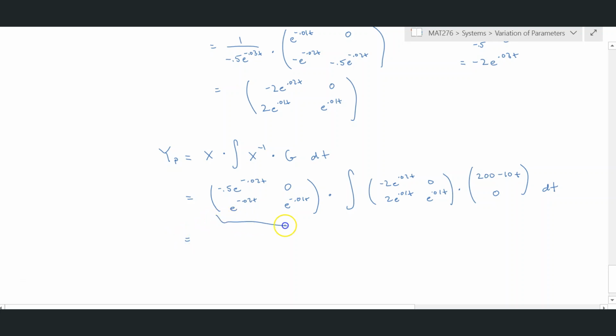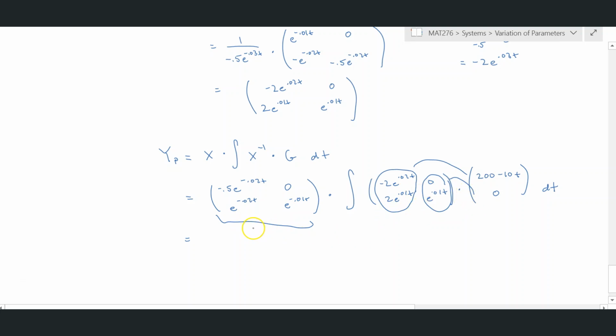So we copy this down, and let's multiply this out. So when we multiply this out, it'll be 200 minus 10t times this first column, plus 0 times this second column. And therefore, we can really just ignore that second column and just focus on multiplying these two together.